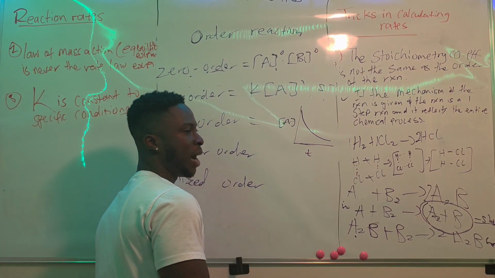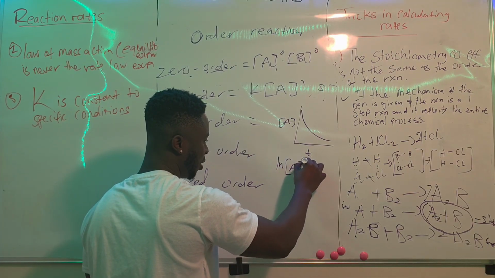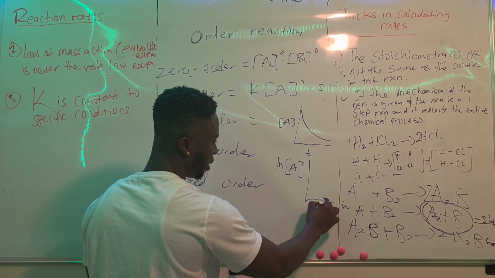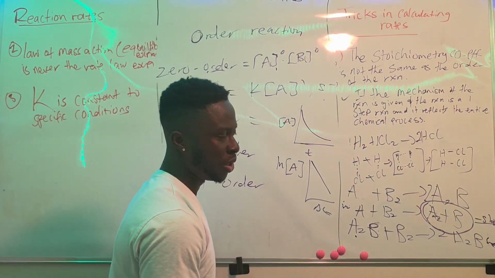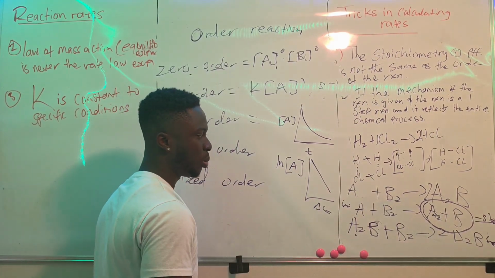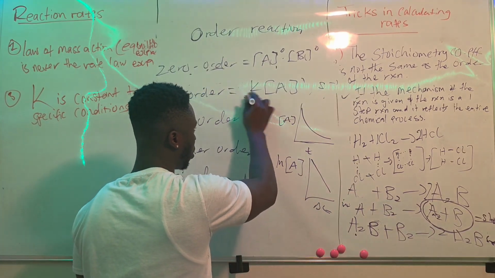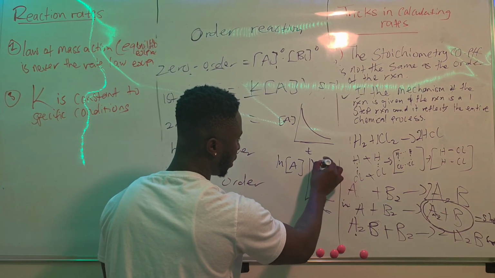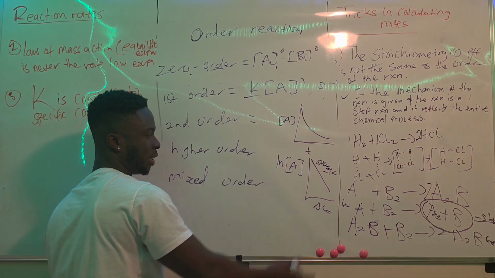But if you plot the logarithmic graph, which is the ln of the concentration of A against the time t, then you're going to have a line that also descends down here, and the slope is still going to be the k, which is the rate constant, and it's going to be negative k.